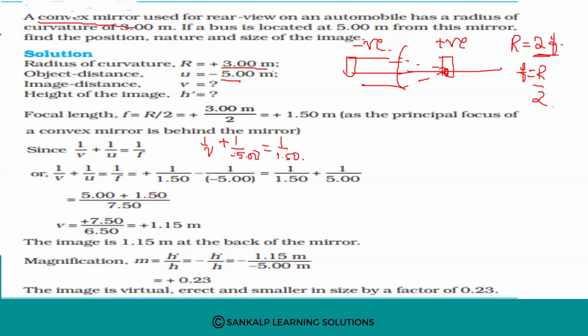Now, plus into minus is minus, transfer this 1 divided by 5 to this side, that means 5 meter to this side. That is 1 by V is equal to 1 divided by 1.50 plus 1 divided by 5.